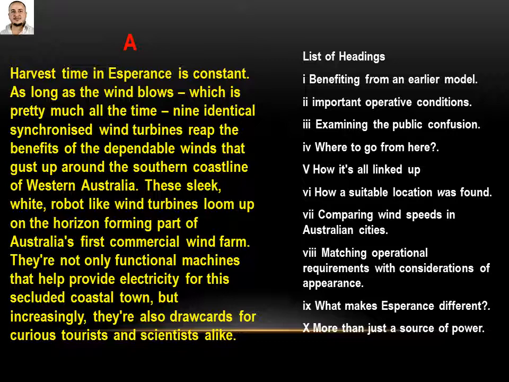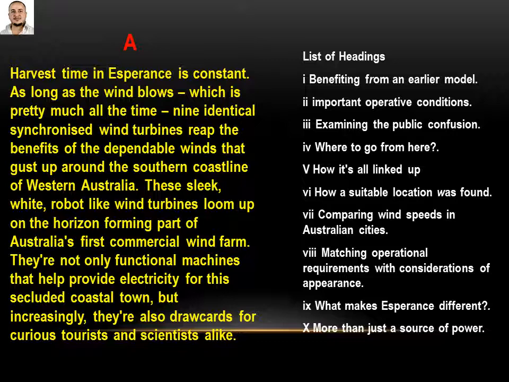Let's come to it. Harvest time in Esperance is constant as long as the wind blows, which is pretty much all the time. 9 identical synchronized wind turbines reap the benefits of the dependable winds that gust up around the southern coastline of Western Australia. That's the first sentence.